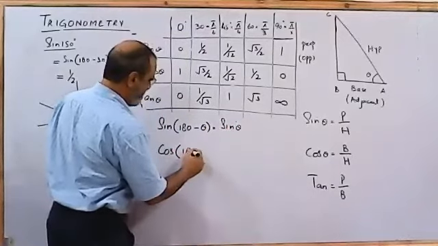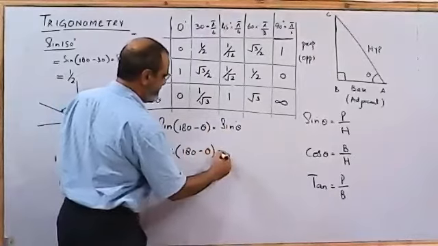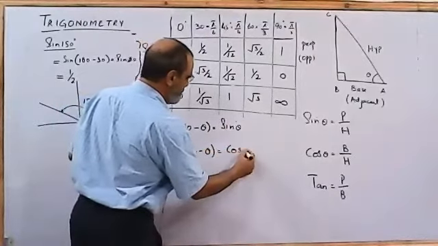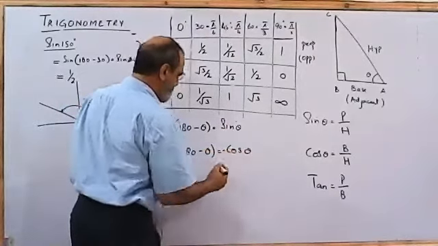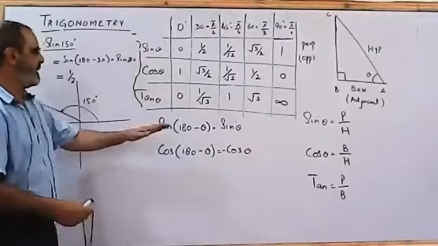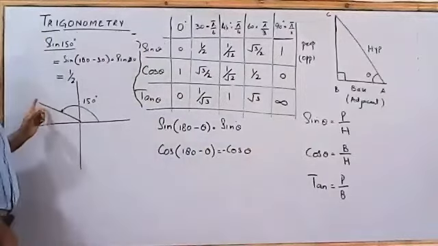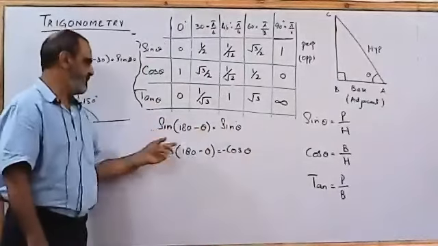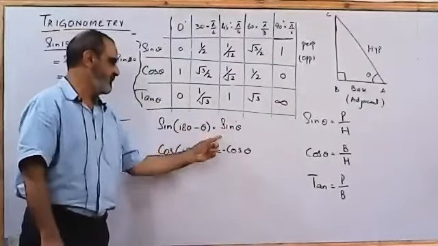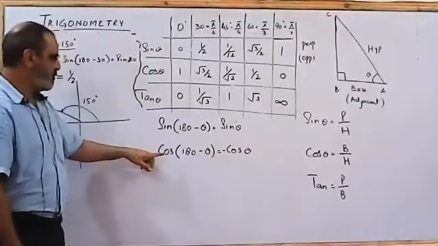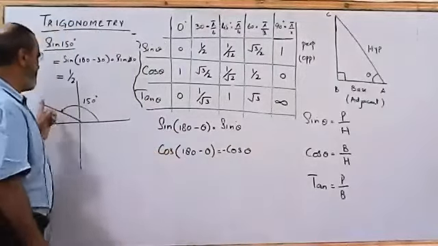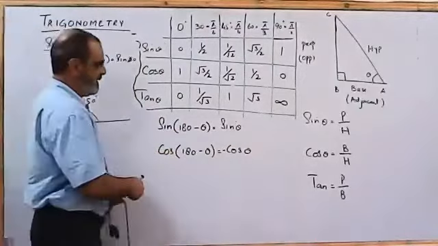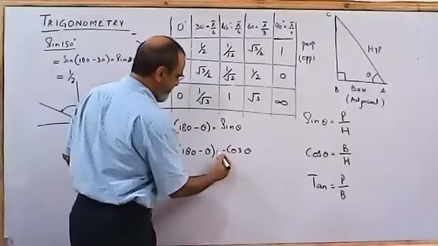Cos 180 minus theta is equal to negative cos theta. But remember, 180 minus theta lies in second quadrant, and in second quadrant sine is positive. That's why we take it as a positive sign. Cosine in second quadrant is negative. That's why we are taking negative cos theta.